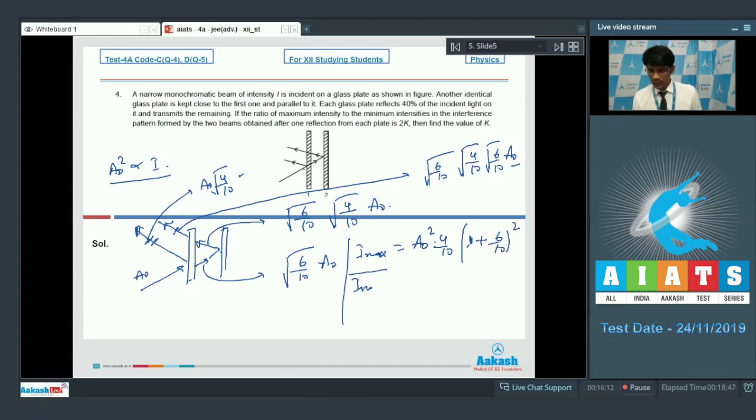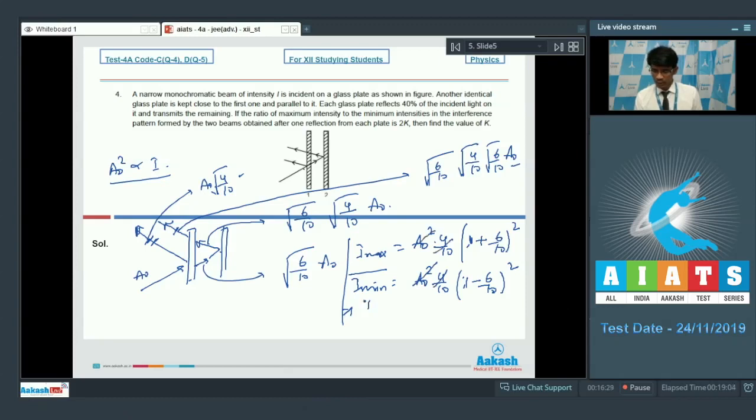Similarly, I minimum I will have here as A naught square 4 divided by 10, then 1 minus 6 divided by 10 whole square. This is the ratio of I maximum divided by I minimum.